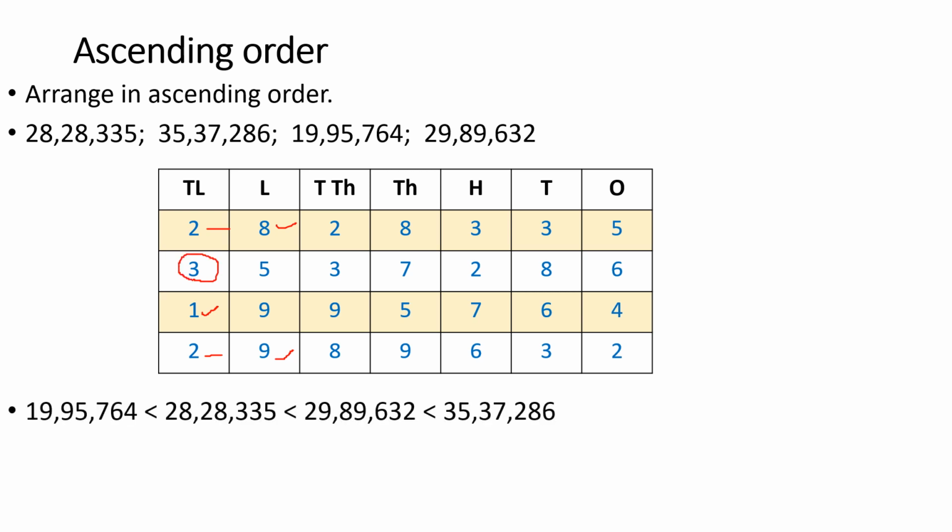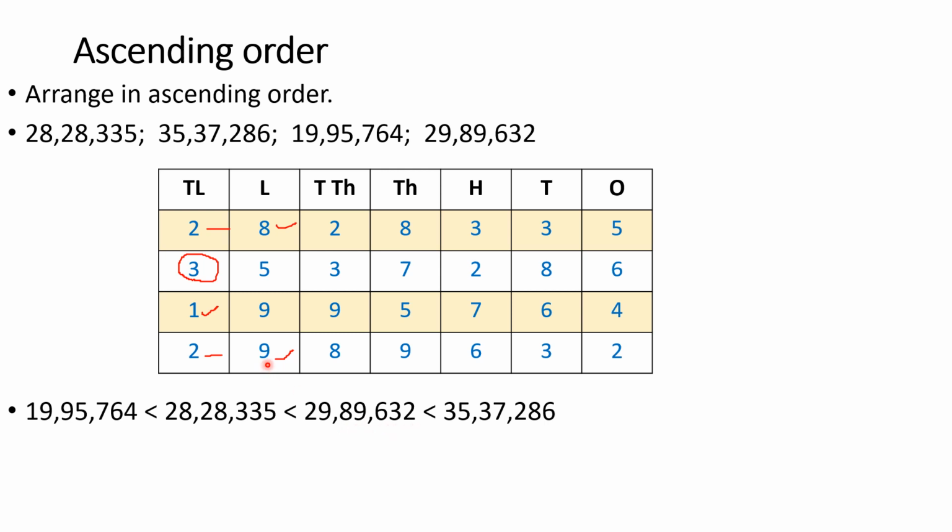So it is the way. Just see here, 19 lakh 95,764. Then 28 lakh 28,335. You know why? Because 8 is smaller than 9. Then 29 lakh 89,632.